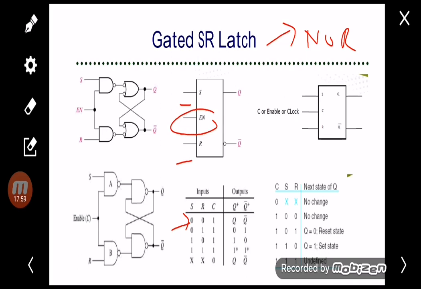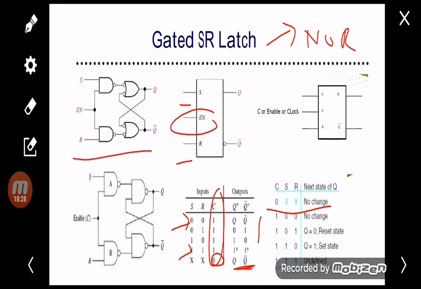And if it is 1, 1, it is invalid. You can see here what happens if C or enable is 1, it will function as a latch, but if it is 0, Q will hold the previous value. Like this one, if C is 0, there's no change from the previous output. So this is the logic circuit for the gated SR latch.